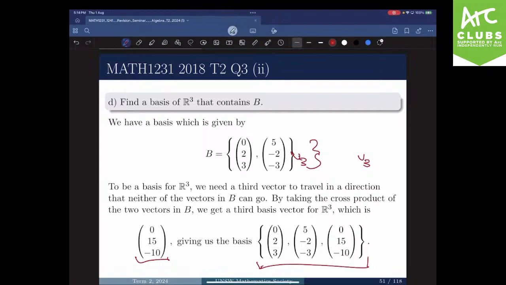So we can use that image basis to find the basis for R3. Well, we don't really need to find a basis for R3 using this, because we already know a trivial basis, which is the standard basis, like (1, 0, 0). The question here is just asking, okay, here are 2 vectors, what third vector do you want to add to make this a basis? That's basically the question. Okay, that's fine.